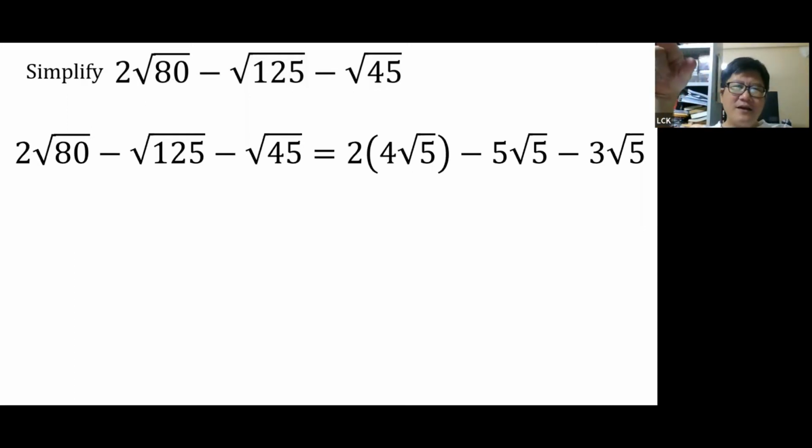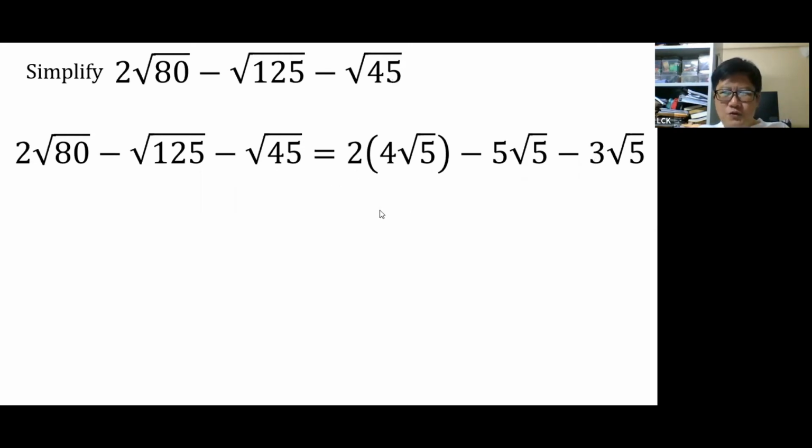When you bring 16 out of the square root, it becomes 4. That's how I got my 4 here. 125 is 25 times 5, and when you bring the 25 out, it becomes a 5. And 45 is 9 times 5. When you bring the 9 out, it becomes a 3.